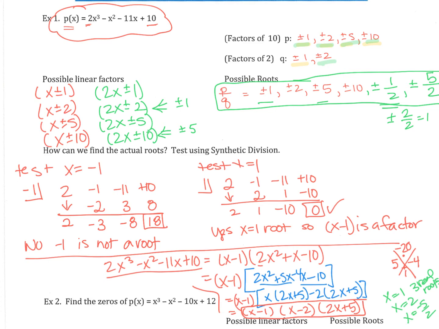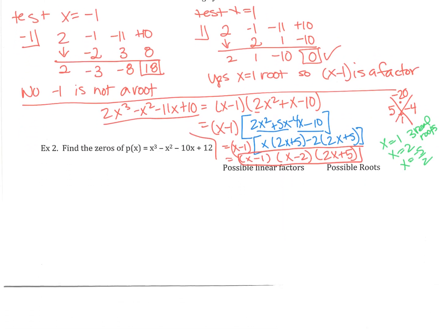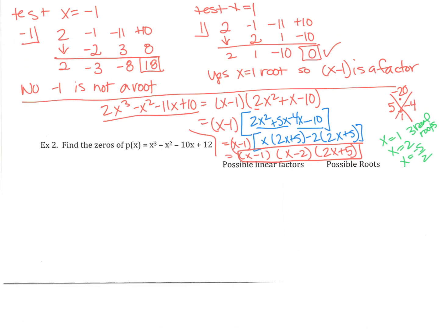So let's take a look at example 2. The way we're going to do rational root theorem this year is instead of you finding all the possible roots and all the possible factors and trying them with synthetic division, I will either tell you which one of them to use, or I will give you two, for instance, one that works and one that doesn't work.